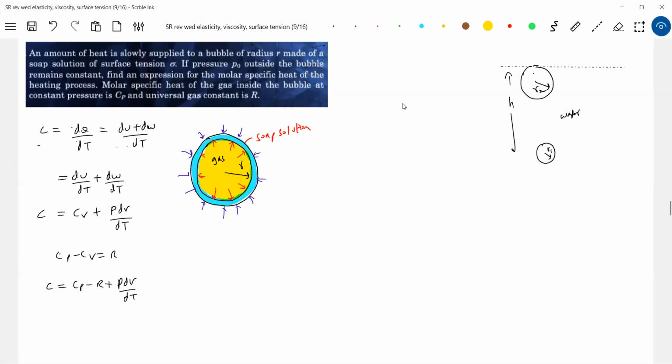Pressure here will be more, so it should increase. Pressure here is more, here is less. So how do you write the pressure inside here? P1 equal to P plus 4σ by R1. Here, what is the pressure? P2 equal to P naught plus 4σ by R2. So pressure here is more, here is less. If pressure decreases, volume should increase, so it will increase here.